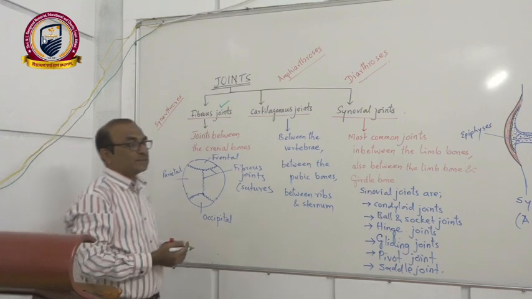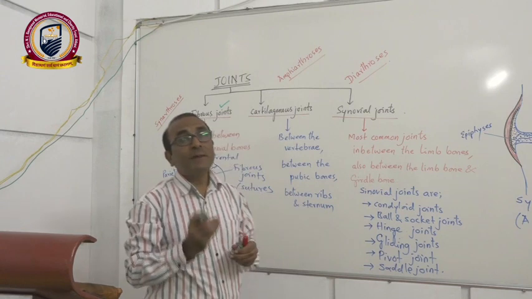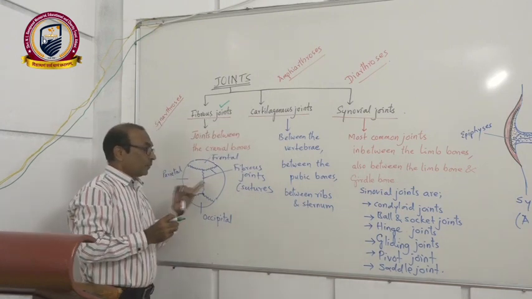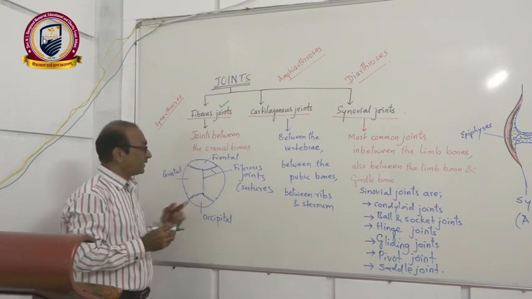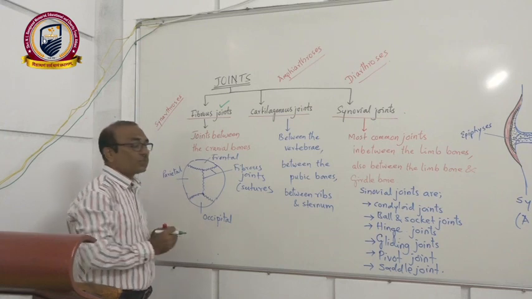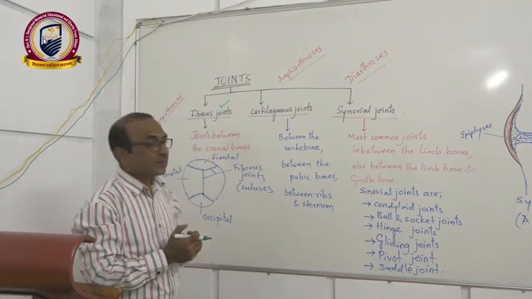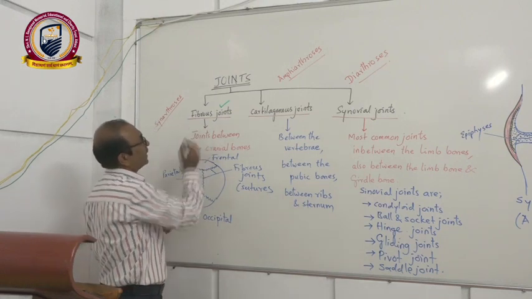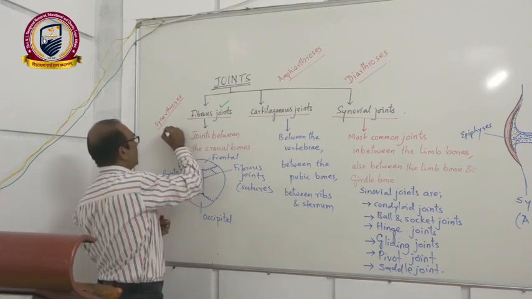That is because the joints are made between the bones by the help of the fibrous connective tissue. So remember the bones of the cranium you have learned, frontal bone, 2 parietals and the occipital. So these bones, flat bones of the cranium in the skull region, they are joined together by the fibrous joints, and these fibrous joints are immovable.